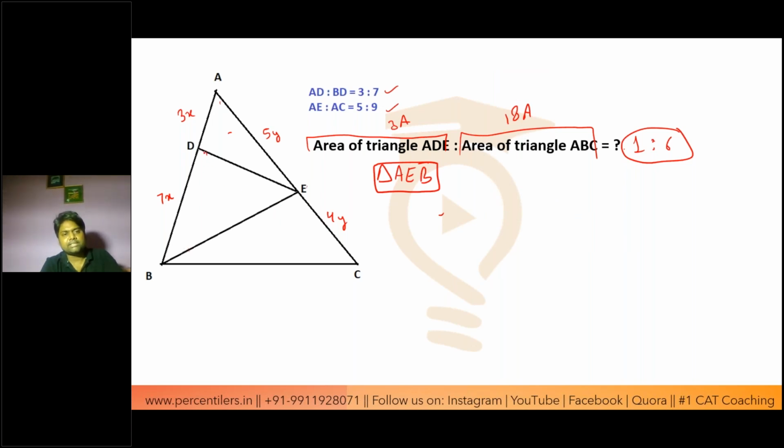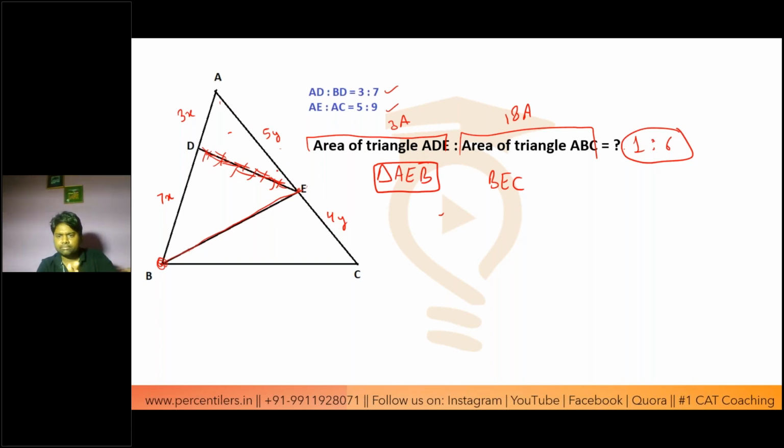Okay. So imagine that there is no DE. There is only triangle AEB and BEC. Now these two triangles are divided by this line segment BE. BE is a line segment that starts from a vertex and meets the base at E and divides the base in the ratio 5:4.